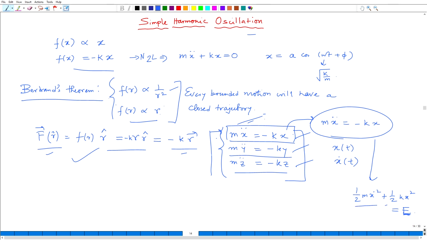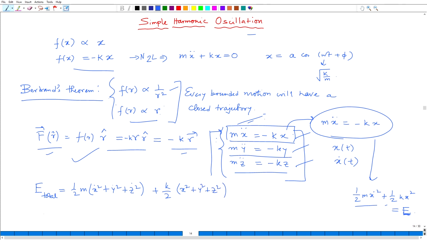Here for 3D or 2D, once again this is a question, but what you can say is that the total energy will simply be half m times x dot square plus y dot square plus z dot square, plus k by 2 times x square plus y square plus z square.